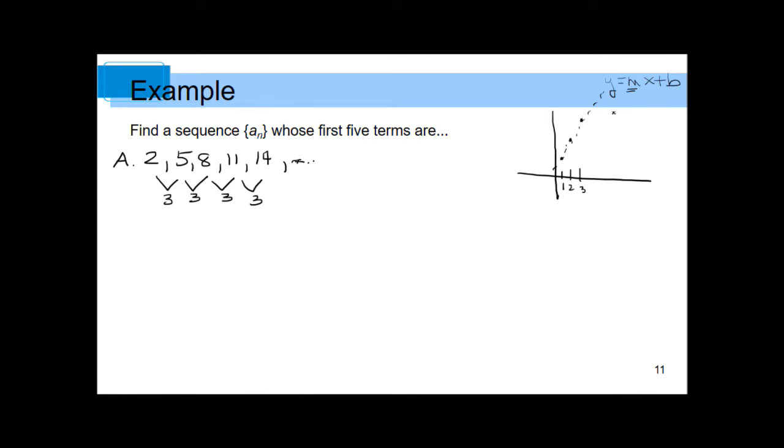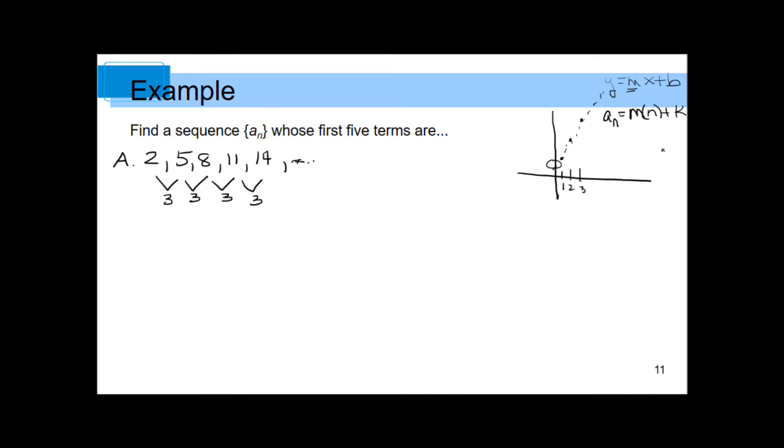So in this case, we could think of a sub n as always being that slope m times n, the term number or position in the sequence, plus some number k that happens to be like the y-intercept.